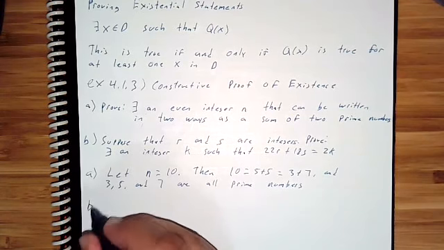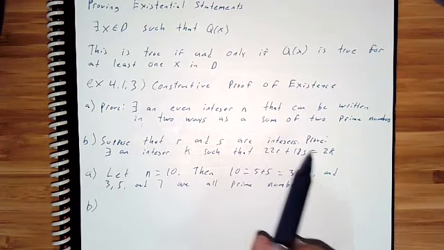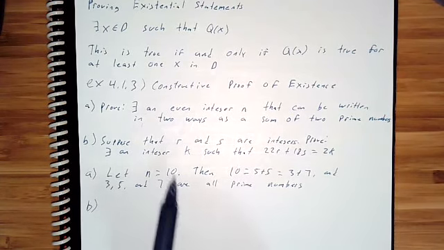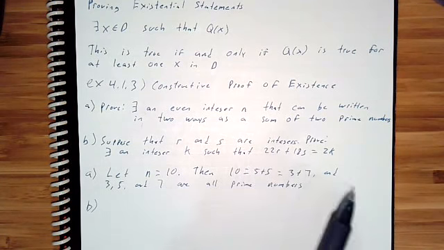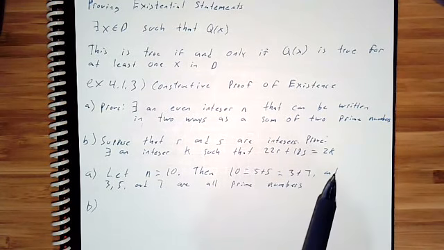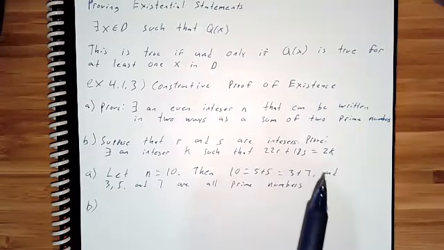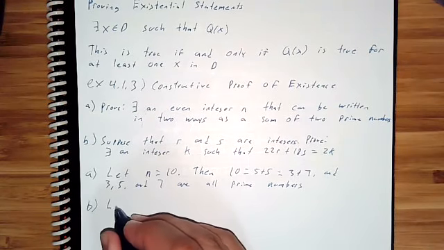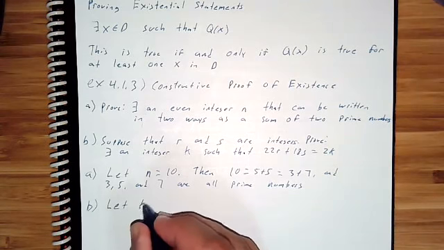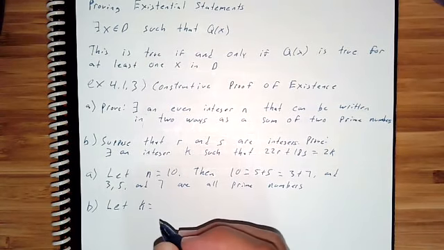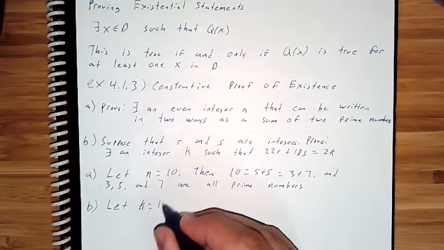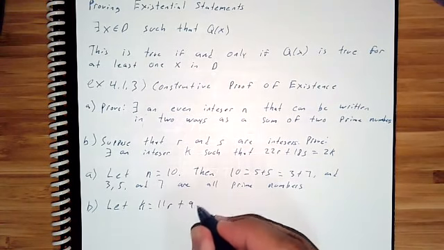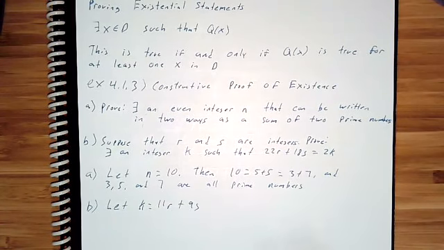Part B, suppose that r and s are integers. Prove there exists an integer k such that 22r plus 18s is equal to 2k. So we have to think of a number. It can be written this way. Let's say let k equal 11r plus 9s, right?